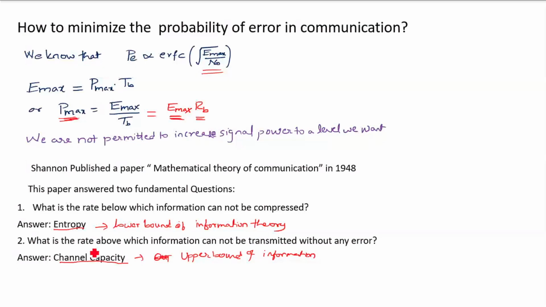We define some number for each: entropy for the source, channel capacity for the channel. Entropy is a lower bound in information theory, and channel capacity is an upper bound in information theory. Any doubts?